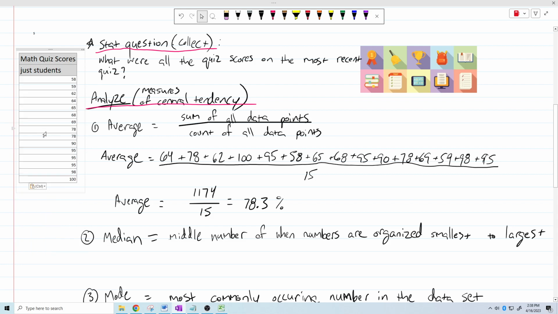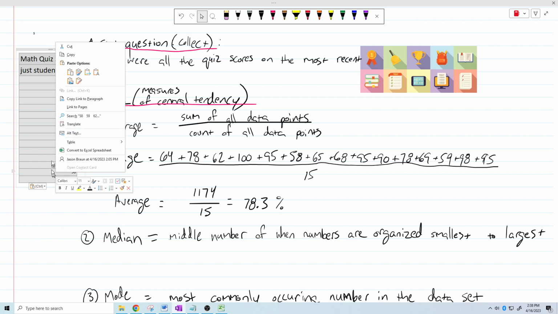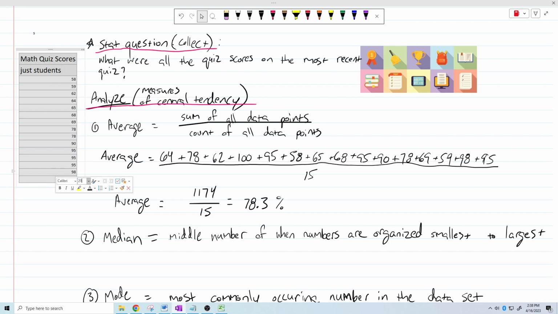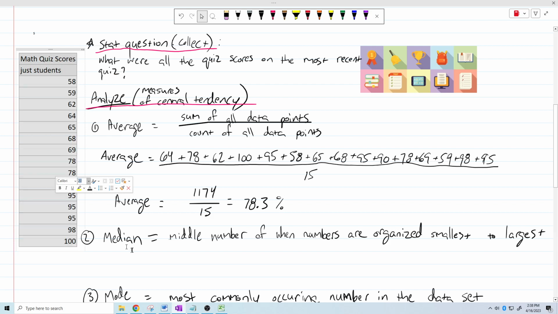So what I'm going to do is organize the numbers here. Make it bigger so we can see it. Okay, now they're all in order, which is going to make it much easier for me to pick out the middle number.